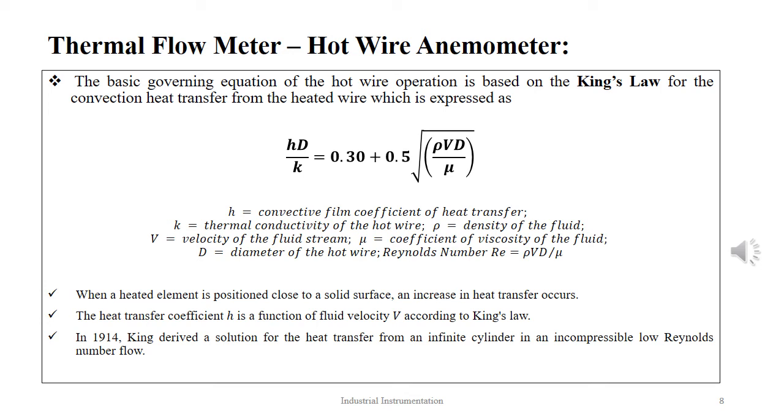When a heated element is positioned very close to a solid surface, a sudden increase in heat flow transfer occurs. In order to compensate for this sudden increase, King derived a solution from an infinite cylinder in an incompressible low Reynolds number flow in 1914. The heat transfer coefficient H is a function of the fluid velocity V as shown in the equation above.